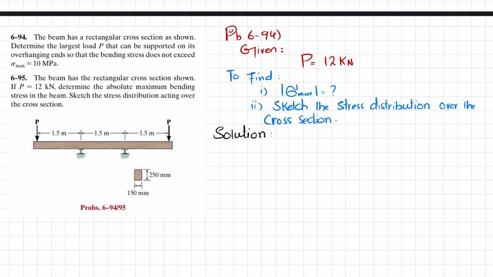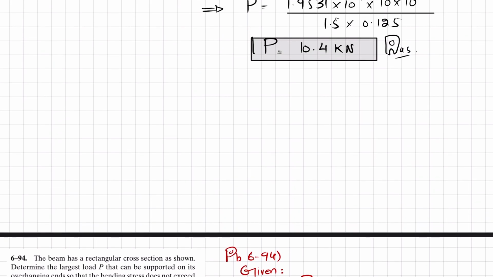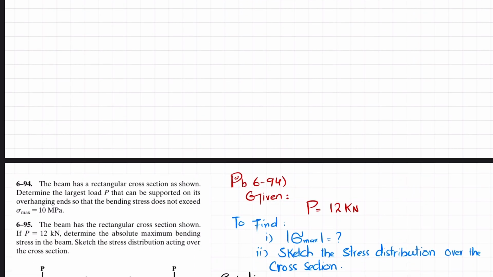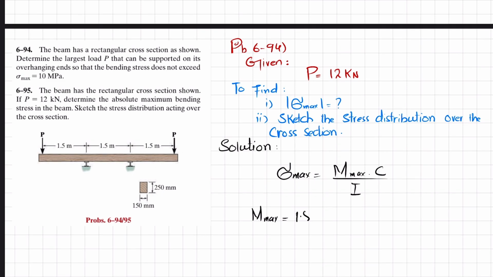So we will just use this formula. We have been asked to find the maximum bending stress, that is equal to maximum moment into C divided by I. The maximum moment we will take from here. You can see that is 1.5 P absolute, and P is given as 12 kilonewton, so 12 into 10 raised to power 3.